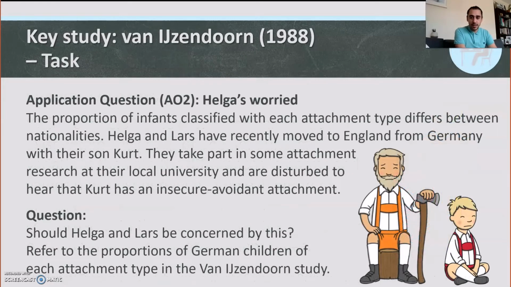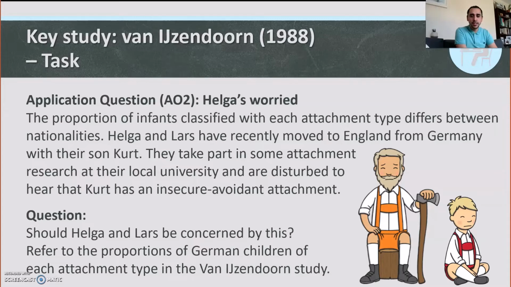Okay. Application question. This is AO2. Apply your AO1 knowledge to this scenario. It would be even better if you can quote parts of the question in your answer to justify your thinking. Here we go. Helga's worried. The proportion of infants classified with each attachment type differs between nationalities.